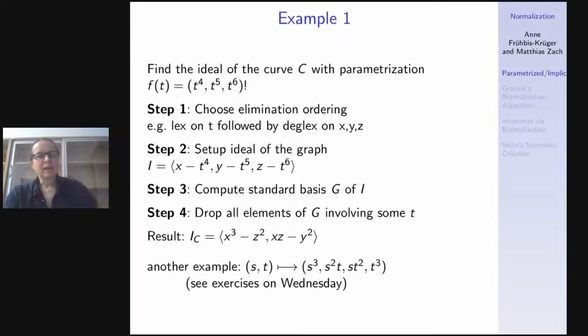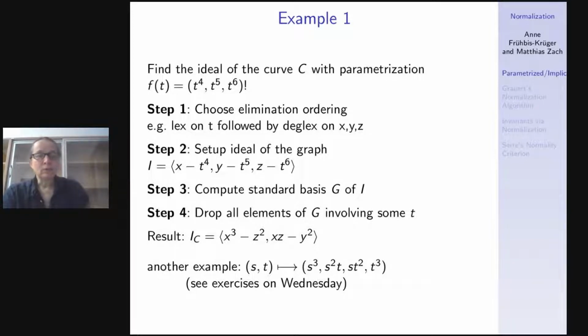And I want to choose an elimination ordering. Obviously, if we want the image of that parameterization, then we need to pick an ordering which first compares only the degrees in t, and then afterwards compares the degrees in the remaining variables x, y, z for the three-dimensional space, the polynomial ring in 3 variables in which we want to have our polynomial ideal later on.